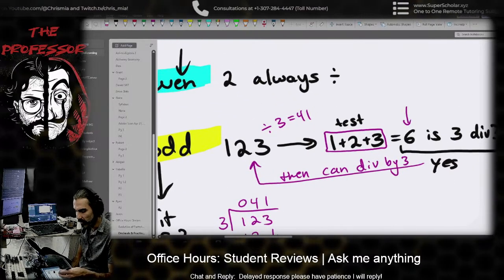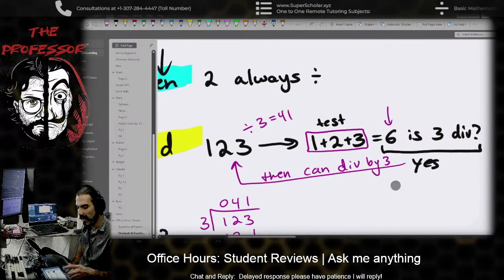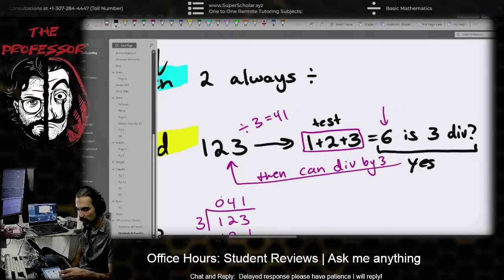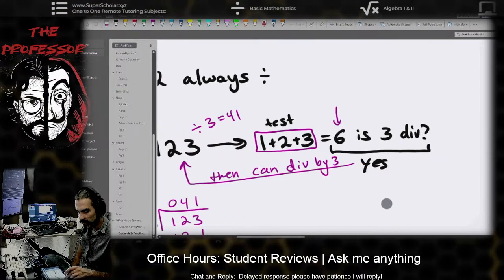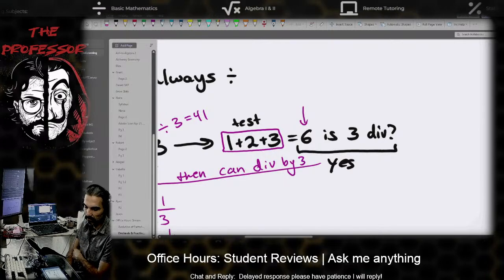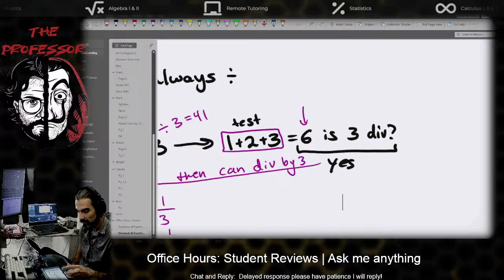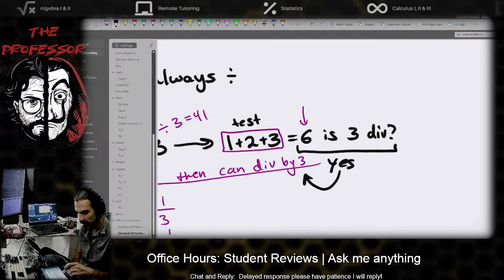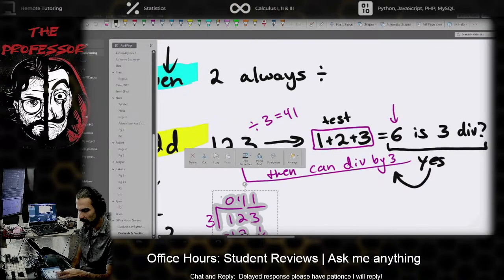So there's an example of 123. I remove the 4. You add all the digits 1, 2, and 3 of that number, and then you get a 6 out of that. So then you ask, hey, is 6 divisible by 3? If your answer is yes, then the original number is also divisible by 3.